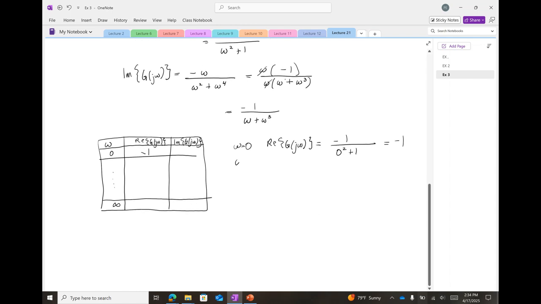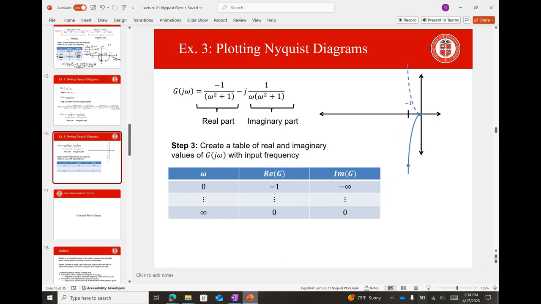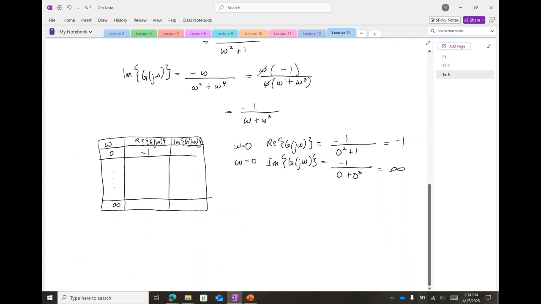And now for our imaginary part, the imaginary part is equal to negative 1 divided by 0 plus 0 cubed. So this should be infinity, because anything divided by 0 should be infinity. So let's just double check. So that we have negative 1, and this negative sign will make this a negative infinity.